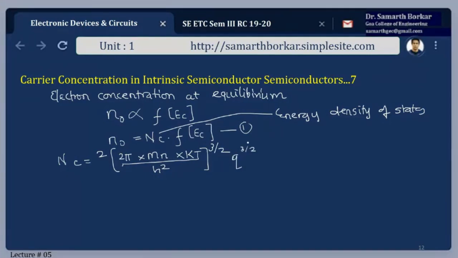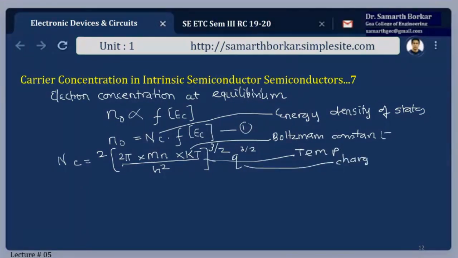This k is again the Boltzmann constant, T is temperature, Q is the charge of an electron. I know this expression is very difficult to remember, so we can use this instead.